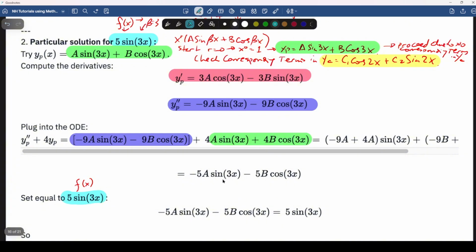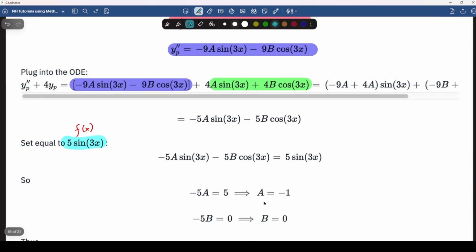So we have negative 5a sin 3x minus 5b cos 3x equals our f of x, 5 sin 3x. The sine here is only compared with sin 3x and sin 3x, so we have negative 5a equals 5, therefore a equals negative 1.